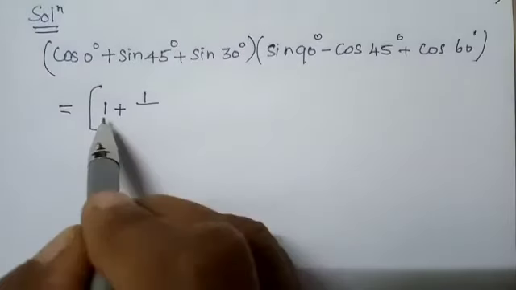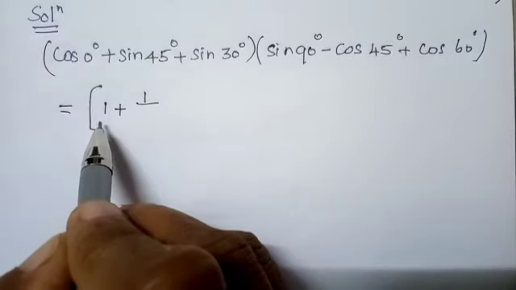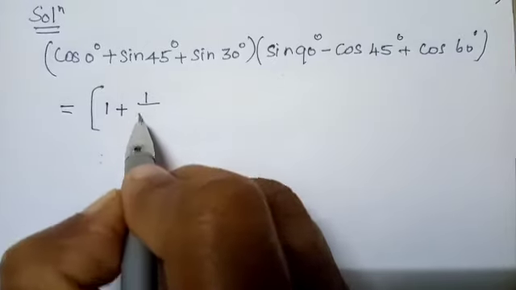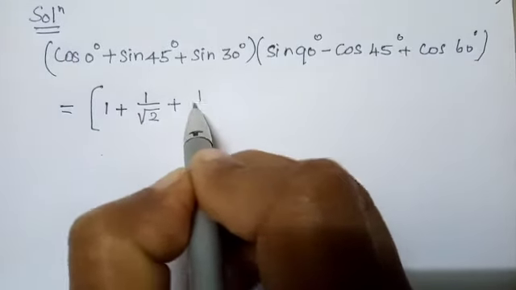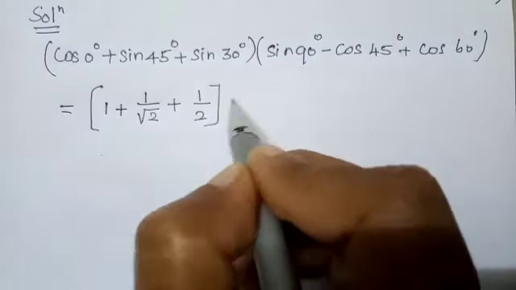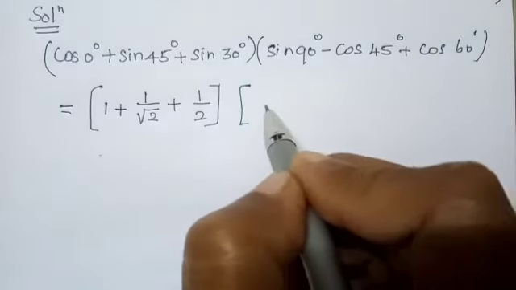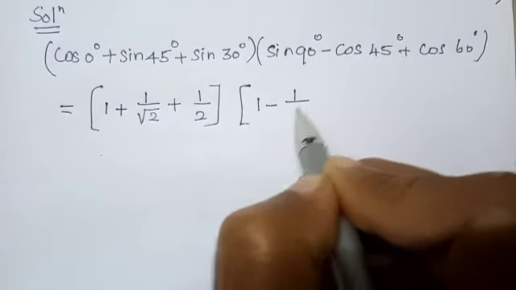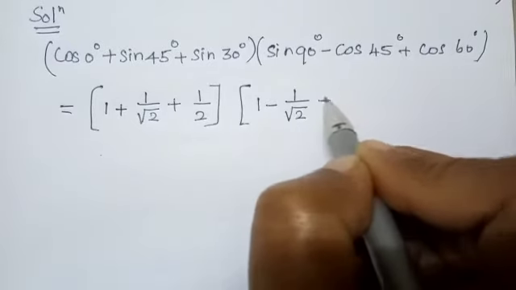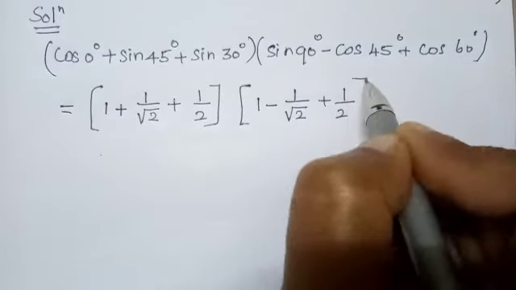Cos 0 degree is 1, sin 45 degree is 1 by root 2, sin 30 degree is 1 by 2, into sin 90 degree is 1, minus cos 45 is 1 divided by root 2, plus 1 by 2.